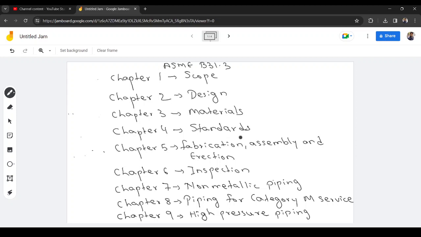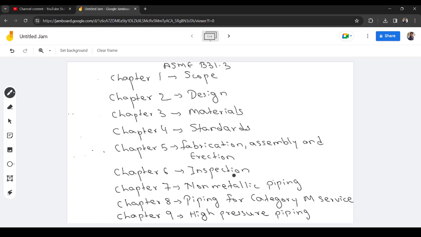Chapter 4 is going to be standards. Chapter 5 is going to be fabrication, assembly, and erection of the piping system. Chapter 6 is going to be inspection. Chapter 7 is for non-metallic piping, that is in most cases FRP piping. Chapter 8 is going to be piping for category M service, and chapter 9 is going to be high pressure piping systems.